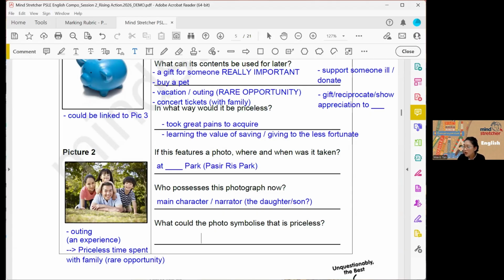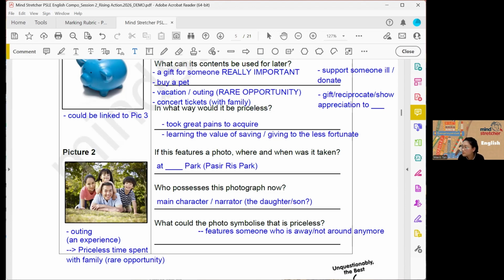Okay, so let me share with you a few things. So here we talk about family time already. Could the photograph feature someone that is someone away or not around anymore?